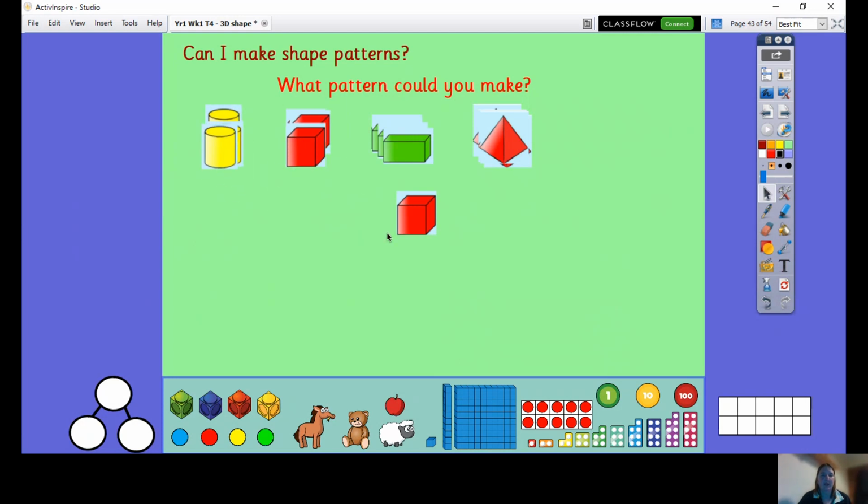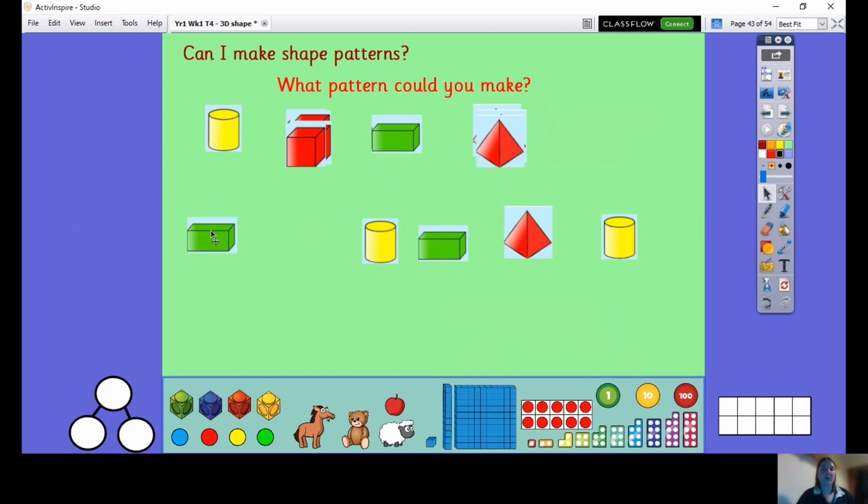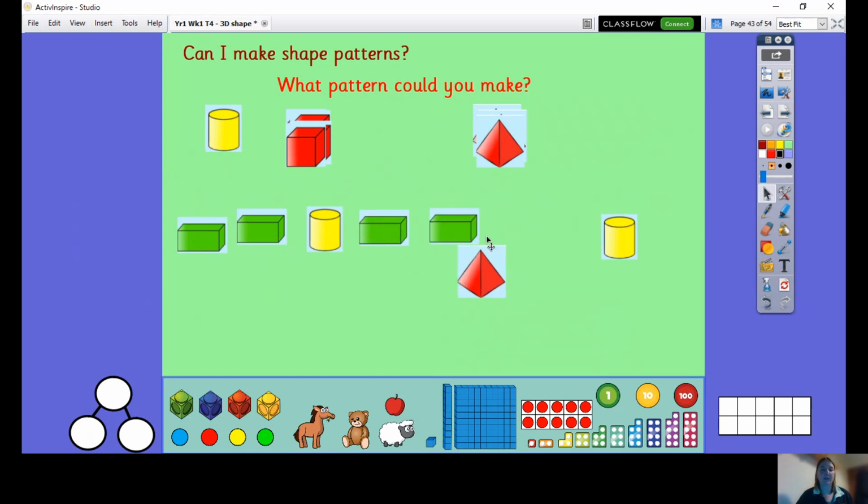I could go cuboid, pyramid, cylinder, cuboid, pyramid, cylinder. I could go cuboid, cuboid, cylinder, and then cuboid, cuboid, cylinder.